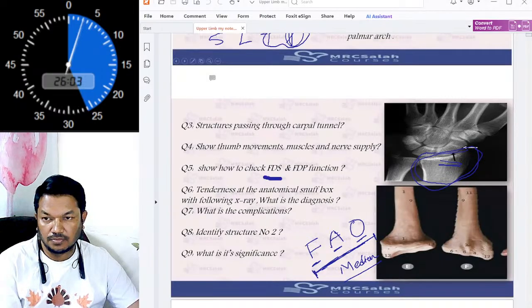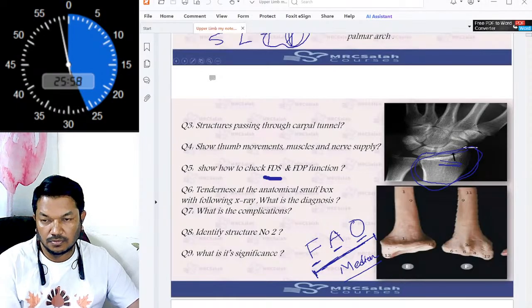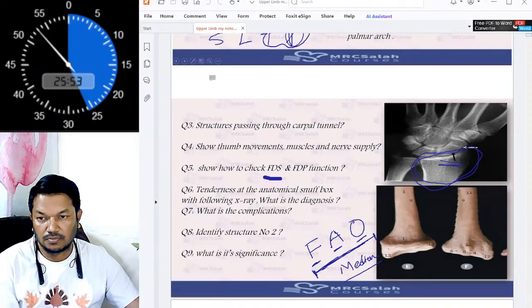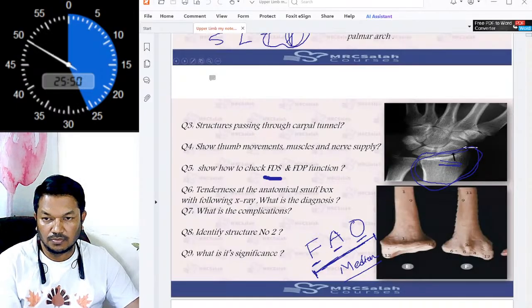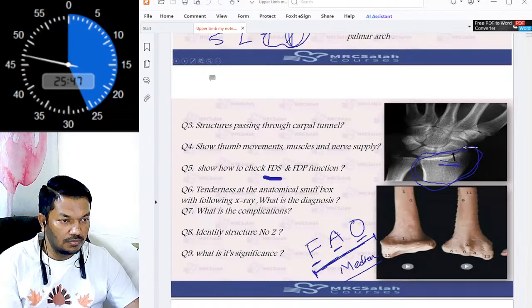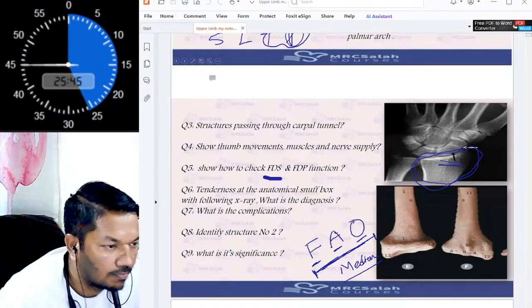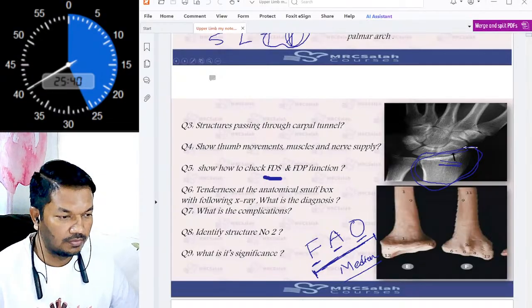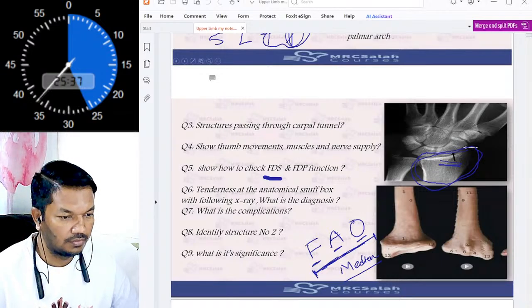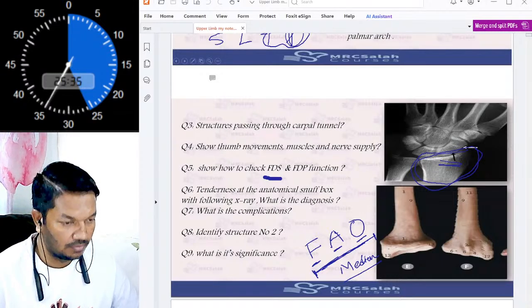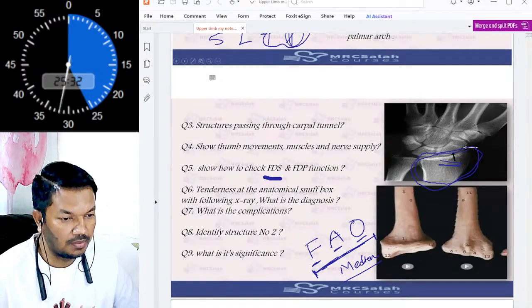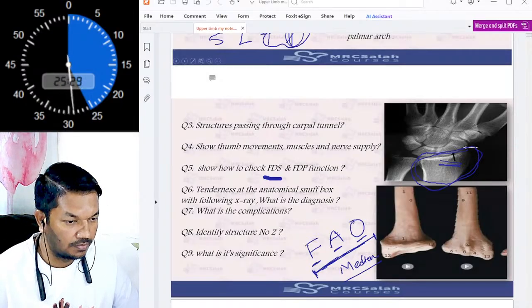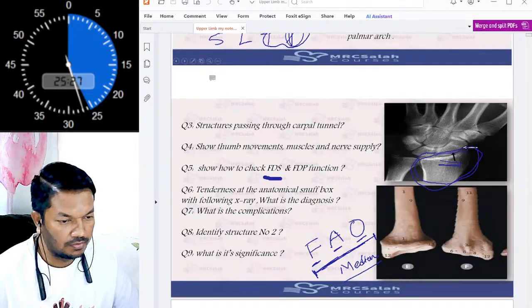Thumb movements: flexion at the metacarpophalangeal joint is by flexor pollicis brevis, and flexion of the interphalangeal joint of the thumb is by flexor pollicis longus.